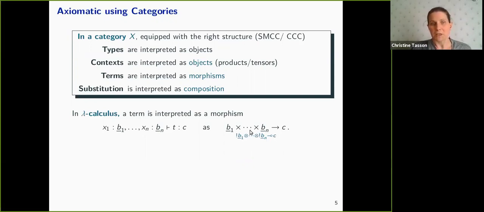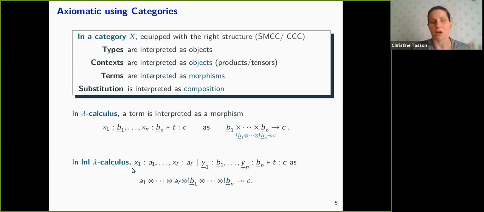And we use this trick to interpret the linear nonlinear lambda calculus with mixed context, the linear part and the nonlinear one. So we gather all the types using the tensor product, and we mark the types which are nonlinear with the shrink.